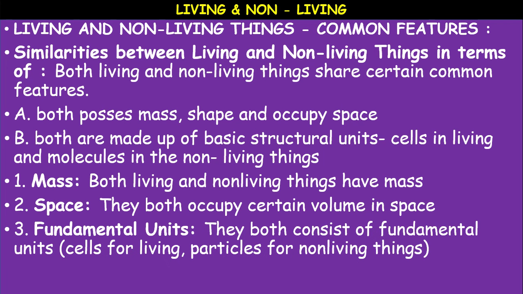Then number 3, fundamental units. They both consist of fundamental units. We can also call them structural and functional units. The living beings are made up of cells and the non-living things are made up of particles, nothing but atoms or molecules.